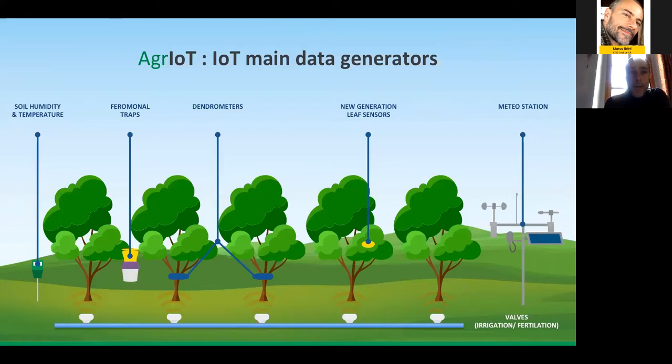There are many ways to watch what is happening in your pheromonal traps, just putting the data into your smartphone in order to aggregate all these data. Once all these data are aggregated, there are lots of things you can do. Probably in another webinar, we can discuss that.